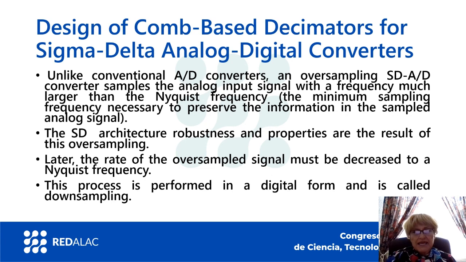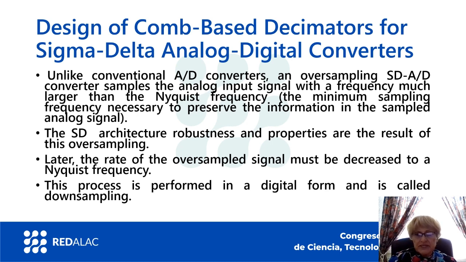Unlike conventional AD converters, an oversampling sigma-delta AD converter samples the analog input signal with a frequency much larger than the Nyquist frequency. Sigma-delta architecture, robustness, and properties are a result of this oversampling.